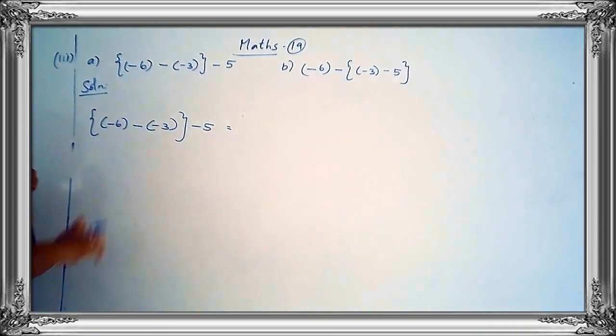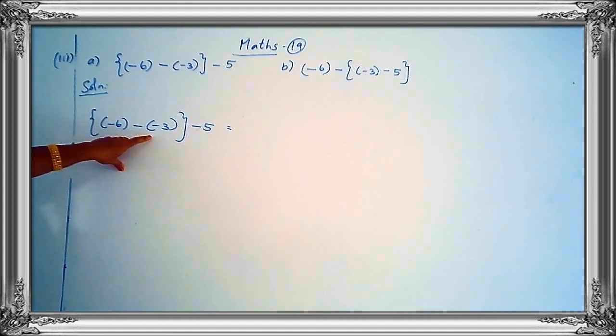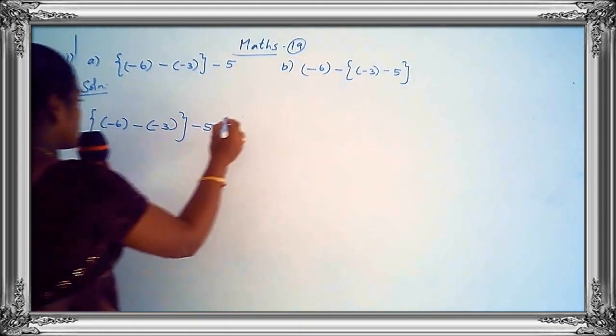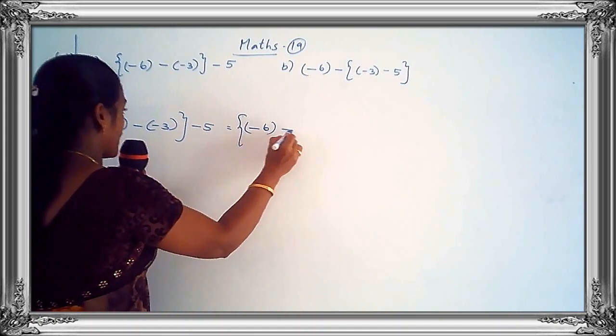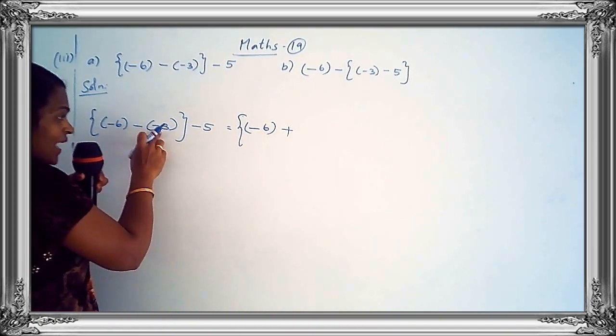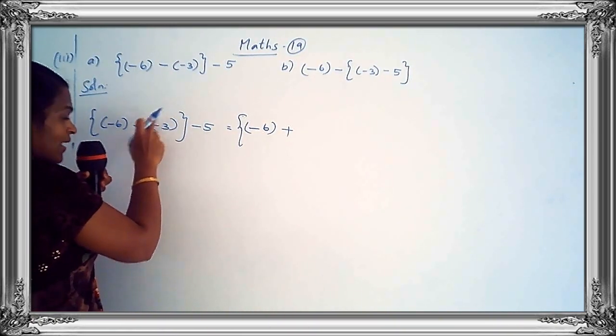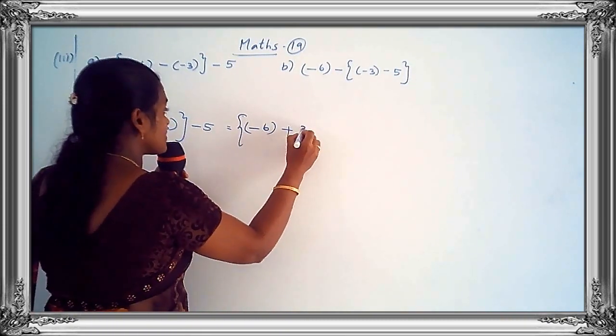Here subtraction, that operation is subtraction. Okay, so here while subtracting an integer from another integer, we add the additive inverse of the integer to be subtracted. Okay, so that's why minus 6 minus sign into plus, that time you put the additive inverse. Okay, so the additive inverse of minus 3 is 3.